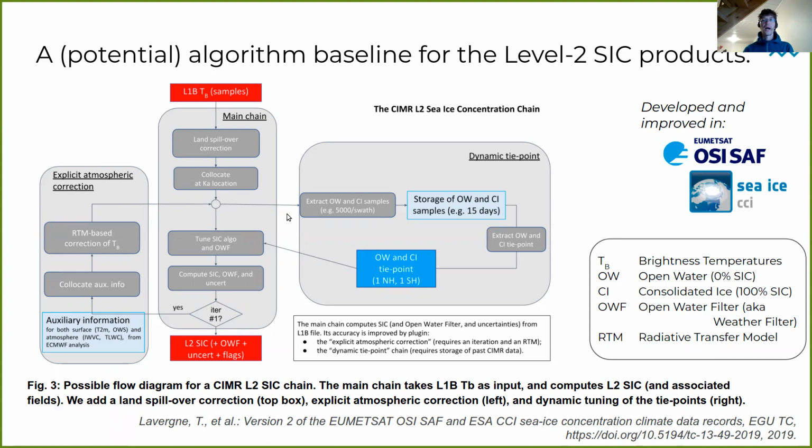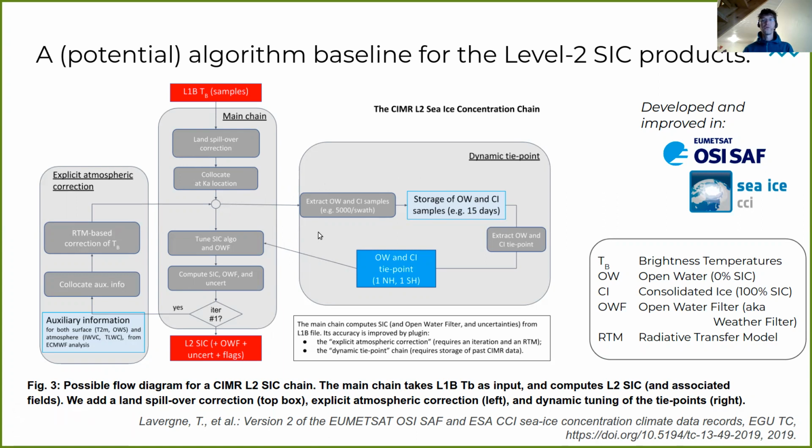Another module we add is the dynamic tie point module, where we use directly the level 1B brightness temperatures of CIMR to compute the open water and 100% sea ice concentration tie points, and then re-inject the tie points into the chain.